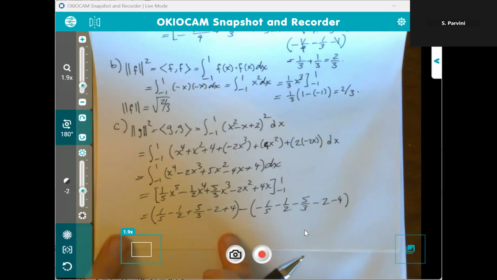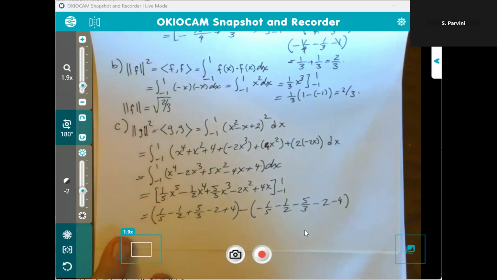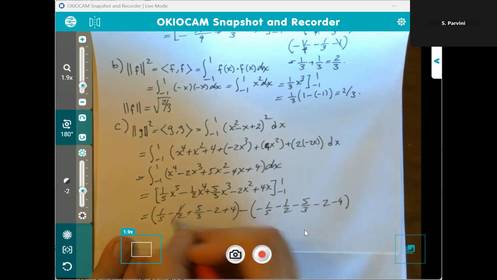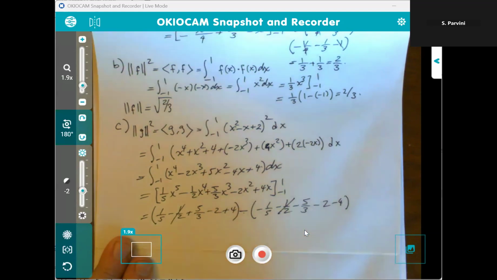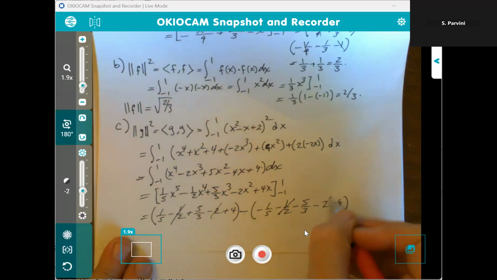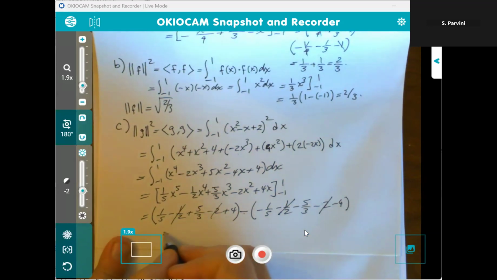There you have it. Now let's see if we can cancel some things. These are all 5/3. Okay, negative 1/2 and positive 1/2. Those cancel. And then we have negative 2 here and then positive 2 here. Those cancel. So the fraction is going to be negative 1/5. That's positive 1/5. So I got 2/5.